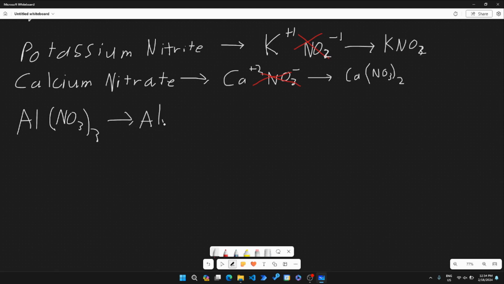It's just aluminum. Or if you're not from the US, aluminium. And then the NO3 is nitrate, so we just add the nitrate at the end.